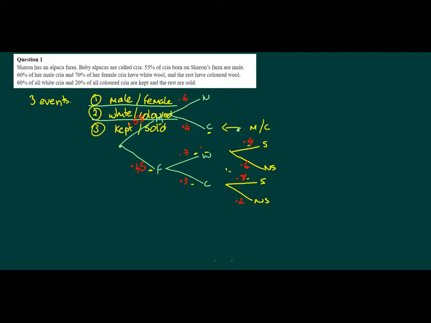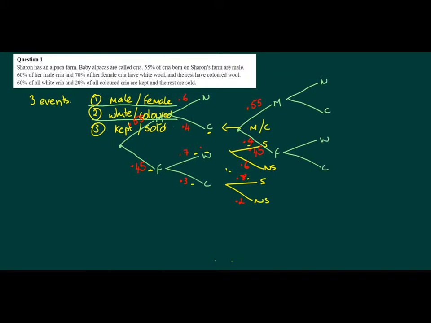So over here I'm going to draw my tree diagram. We start off like this, and we've got male and female. For our male we're told that 55% or 0.55 are male, so therefore 0.45 are female. Then we go on to the second event, which is whether or not they're white or coloured. So I'm just going to use W for white and C for coloured.